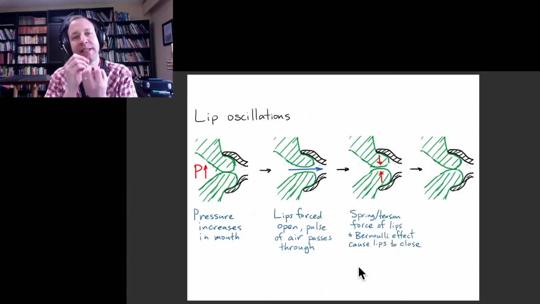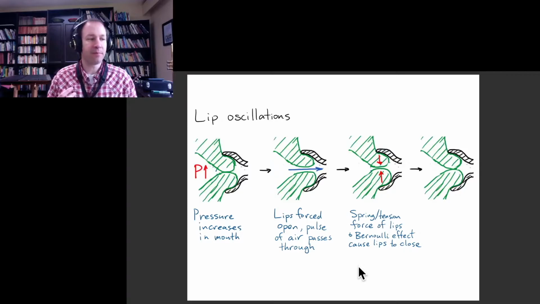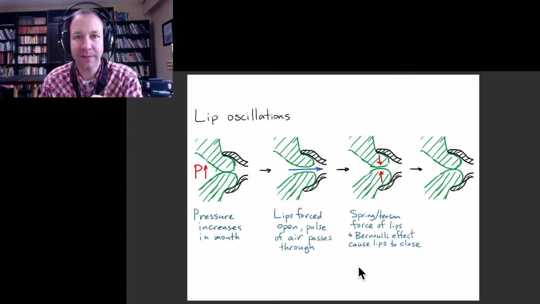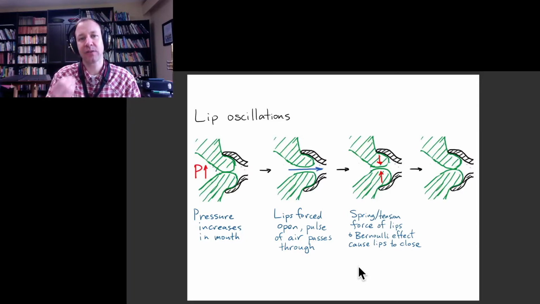So let's kind of understand how this works. You're probably familiar, even if you're not a brass player, with making buzzing sounds with your lips. So we want to understand the basic physics of that and how it's possible to control the frequency.